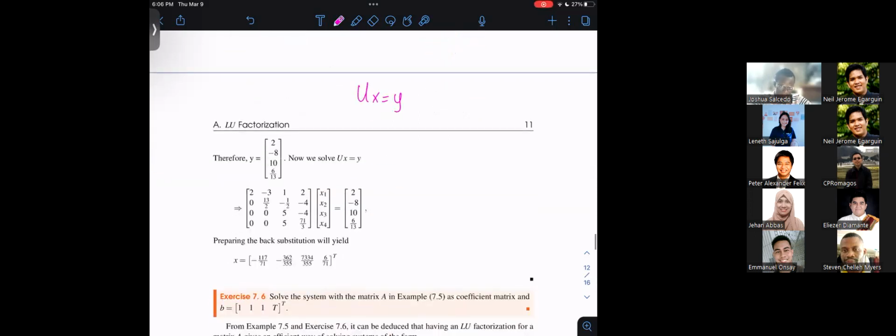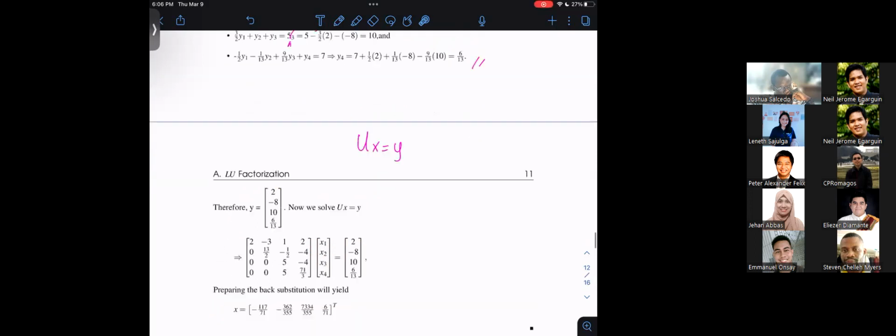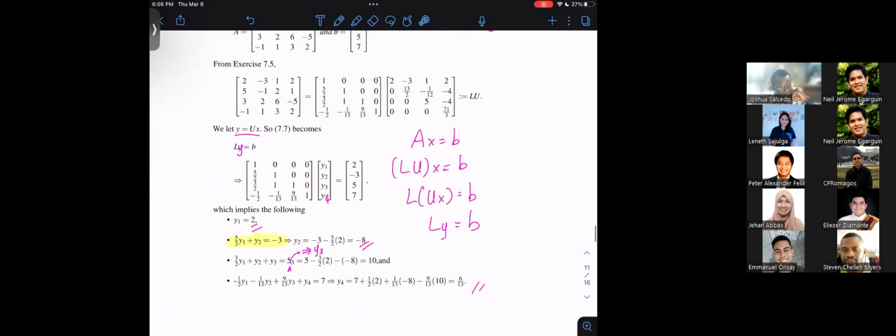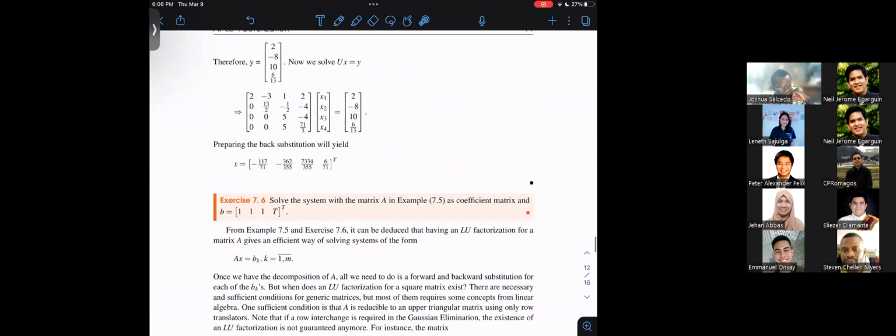So you retrieve your upper triangular matrix U, and then expand the vector of unknowns for the x's. So you have x1, x2, x3 until x4 equals the value of y. And then from here, you can perform back substitution. Actually, I guess there is another typo. It should be a 0 over here. Okay. And then you perform back substitution.